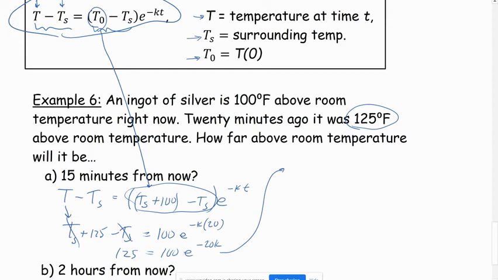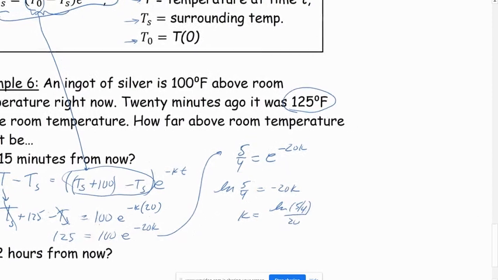So then that is 5/4 equals e to the negative 20k. Solve for k. Natural log of 5/4 equals negative 20k. So k equals natural log of 5/4 over 20.